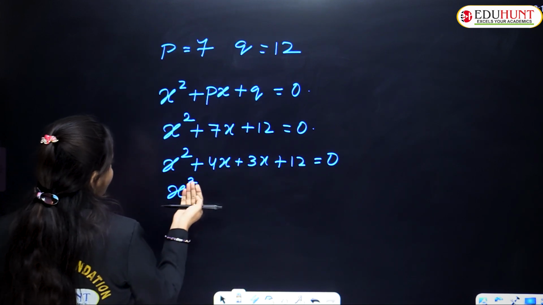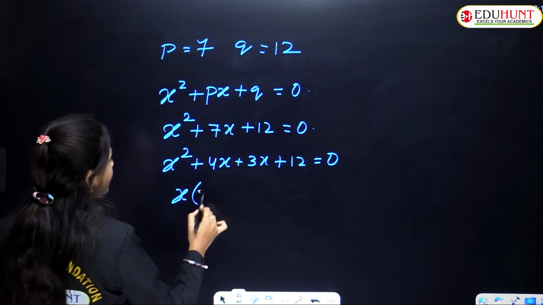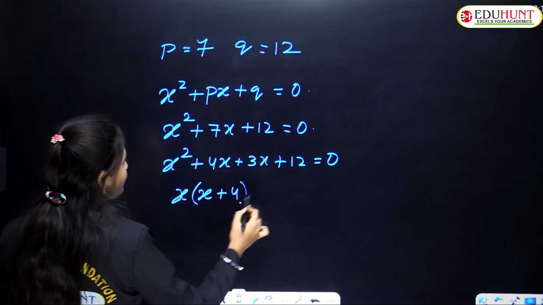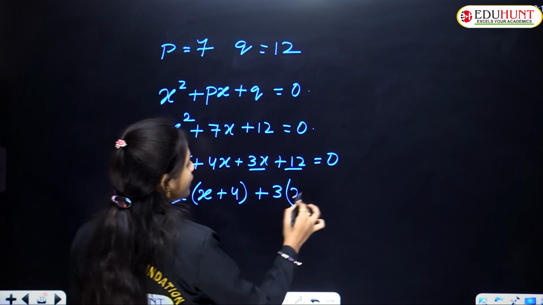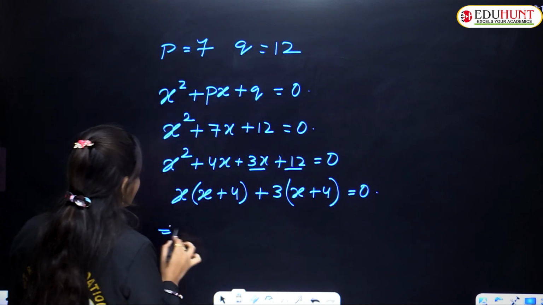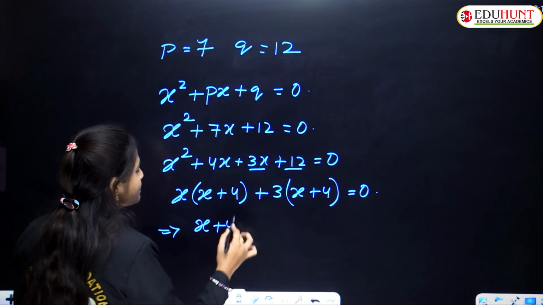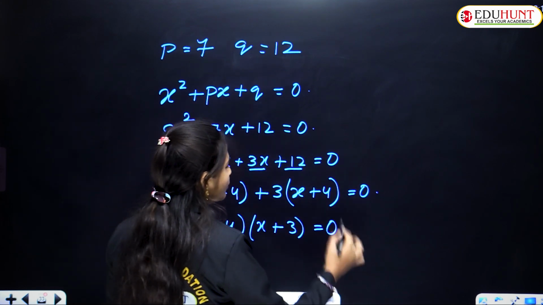So from the first two terms, take x as common. The leftover is x plus 4. From the next two terms, take 3 as common: 3 into x plus 4, which is equal to 0. So from this, take x plus 4 as common, the leftover is x plus 3 is equal to 0.